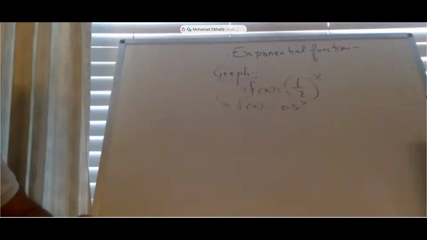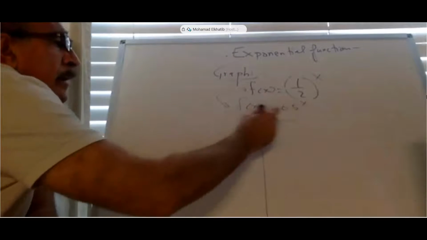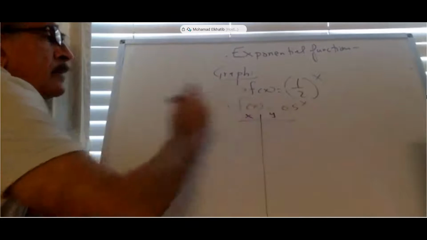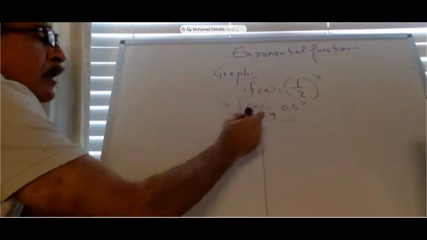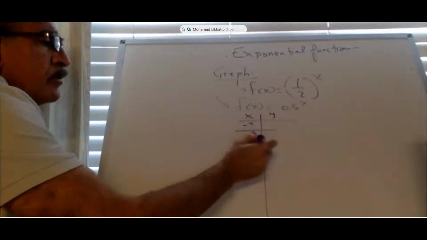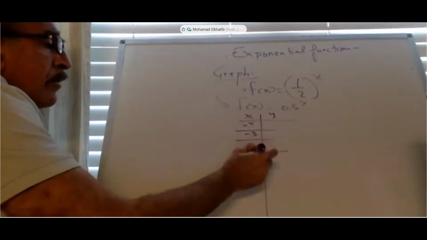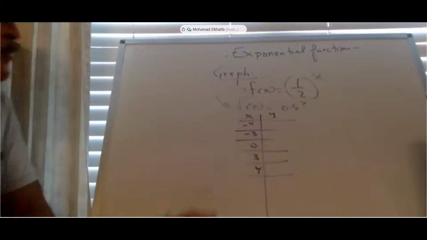Correct? Okay. Now let's make a table. I don't know what this graph is going to look like, so I'm going to put -4 here. It doesn't really matter. And then I'm going to pick 0 and 3 and 4. I don't really have to pick the exact points.